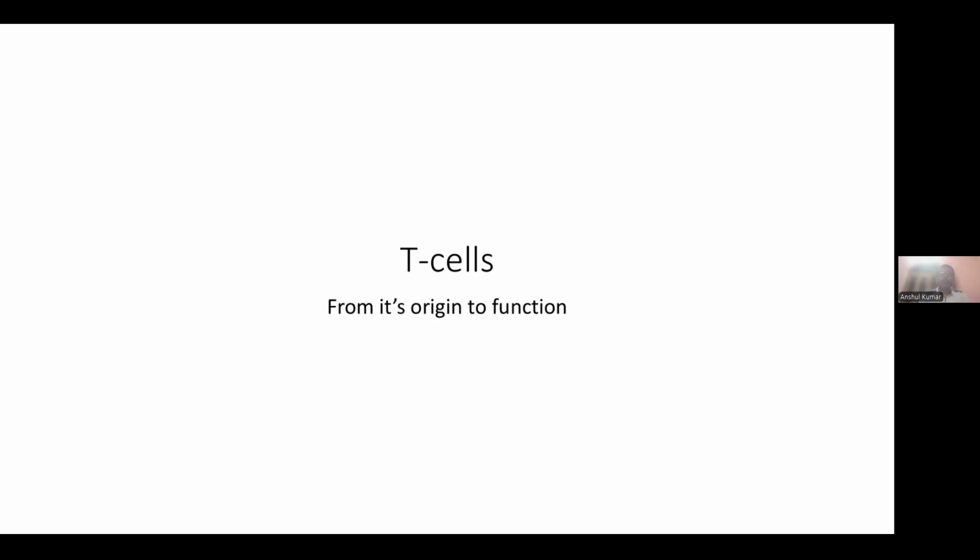Lymphoid stem cells are further divided into two types, that is the B lymphocytes and the T lymphocytes. And we know that lymphocytes are a type of white blood cells under the category of agranulocytes. The rest of the blood cells, including the white blood cells, are synthesized by the myeloid stem cells.